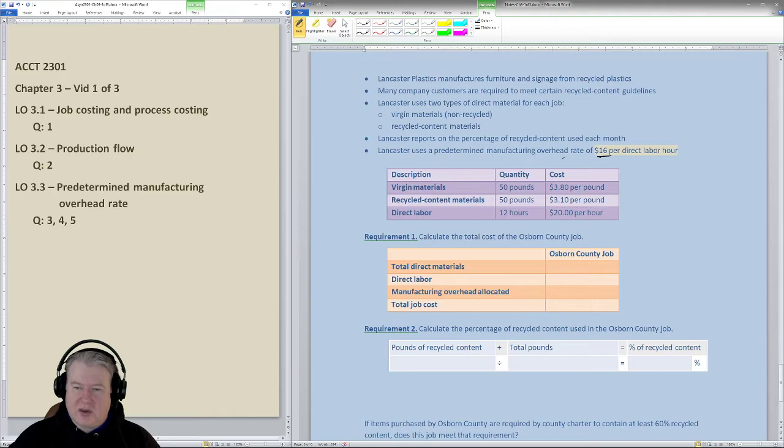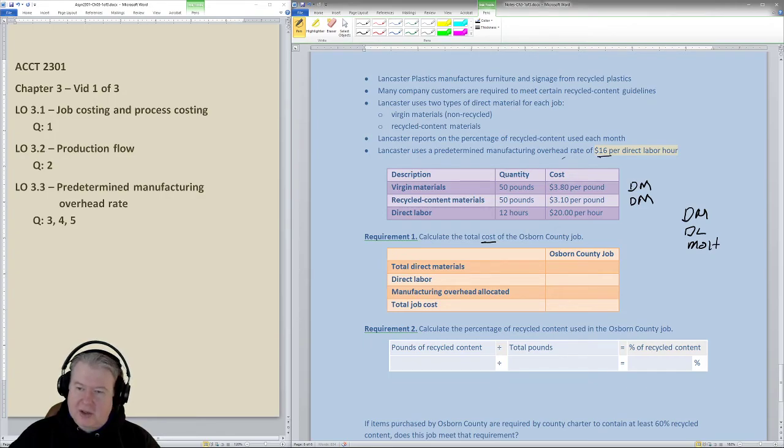Then they give you this type of direct material, and this type of direct material. And so remember, when we're trying to figure out the cost of the job, we're going to be adding direct materials, direct labor, and our best guess at manufacturing overhead. So here we have two direct materials. We have number 1, 50 times 3.8.